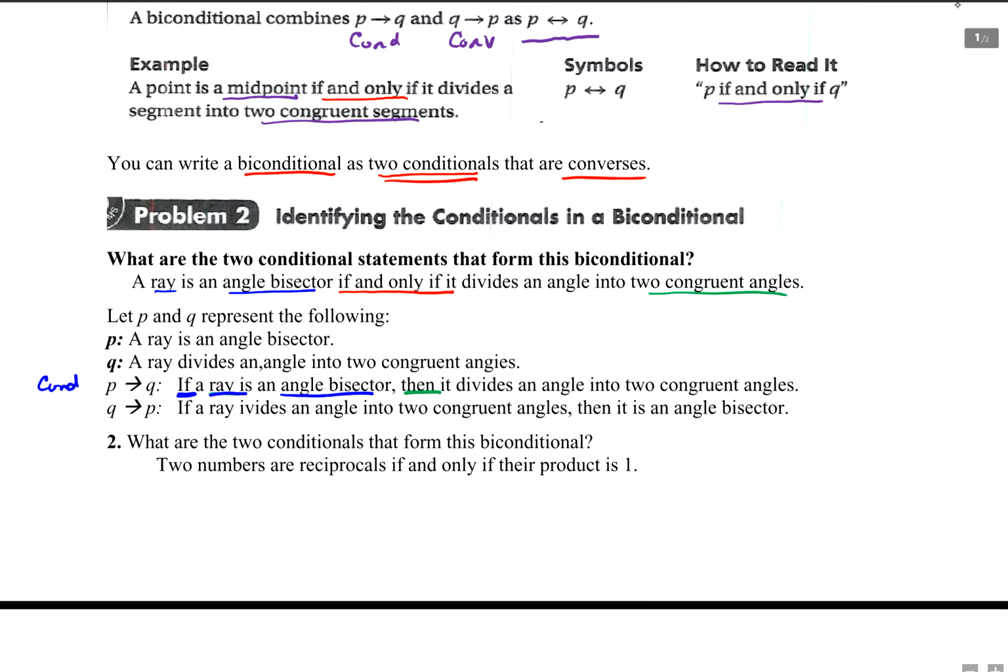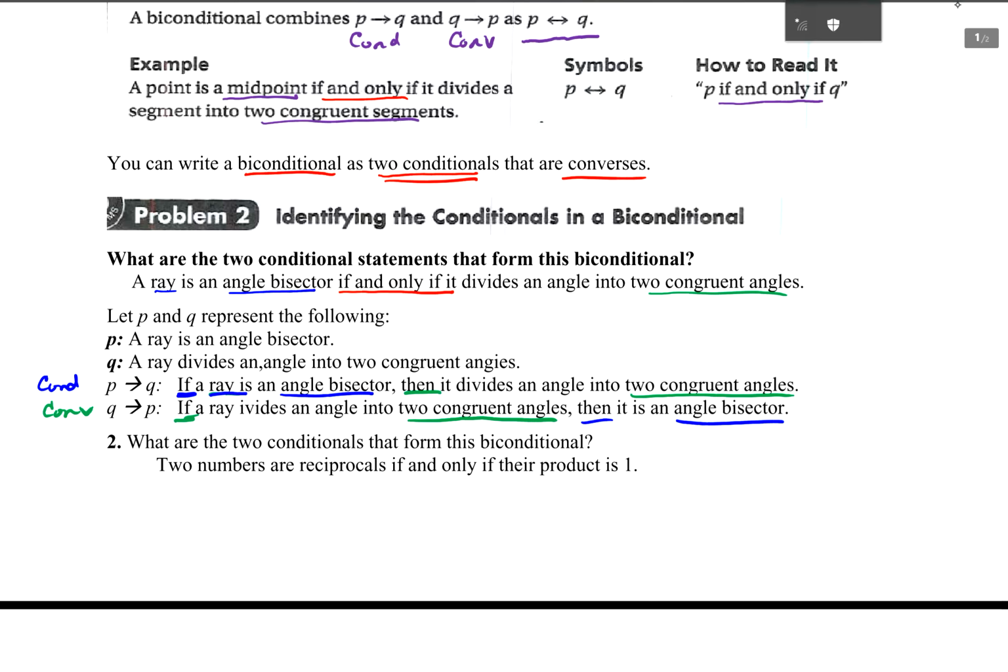Then it divides an angle into two congruent angles. And then we're going to write the converse that says if a ray divides an angle into two congruent angles, then it is an angle bisector. See how we took our two parts and just turned them into if-then statements.